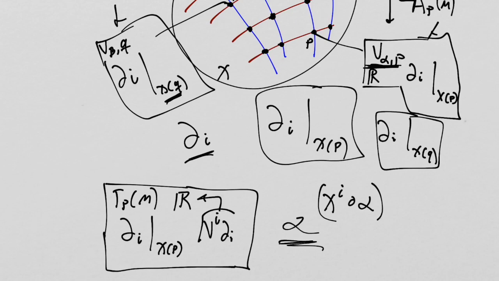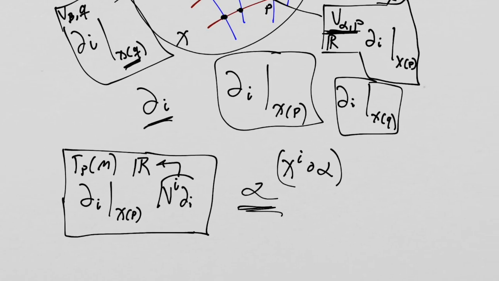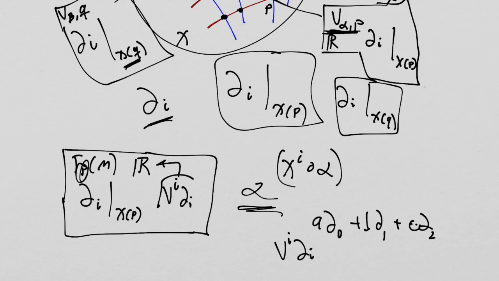We always know, let's put it this way, that if I pick any real numbers, a partial 0 plus b partial 1 plus, say, c partial 2, right? So I've got v^i partial i, where I'm suppressing the instruction to evaluate it at the point P. But say I pick any numbers a, b, and c.